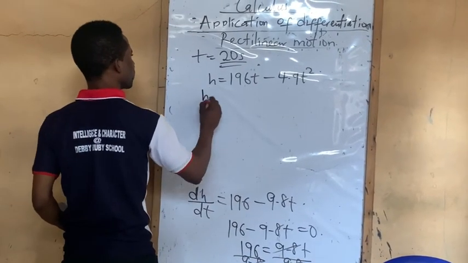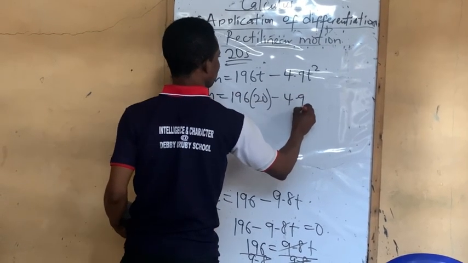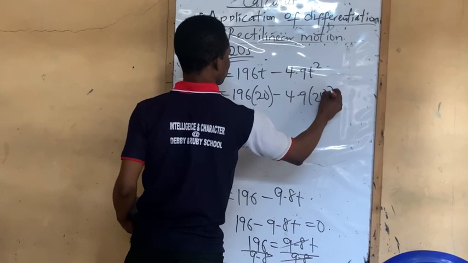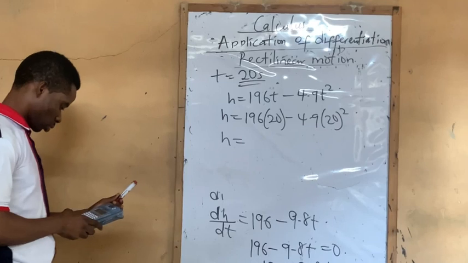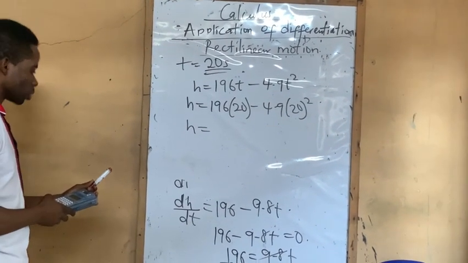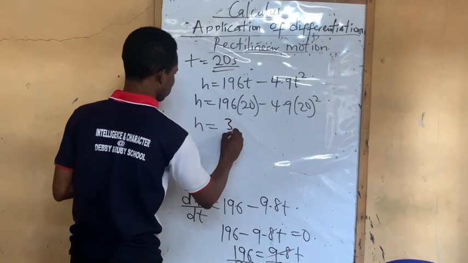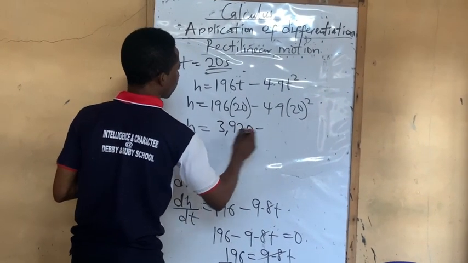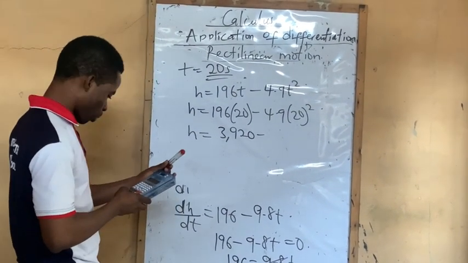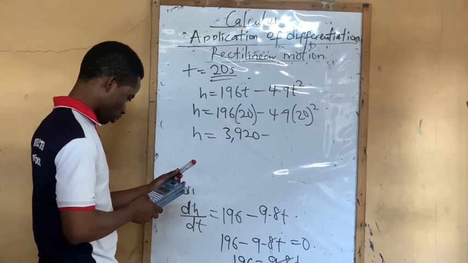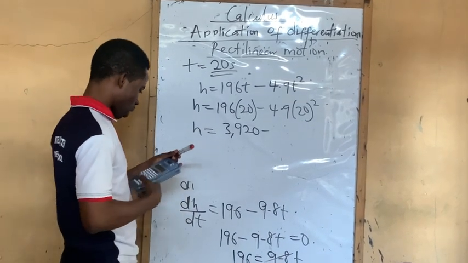That means the height equals 196 times 20 minus 4.9 times 20 raised to power 2. That means 196 times 20 is 3,920, minus 20 squared, that is 400, times 4.9, that is 1,960.